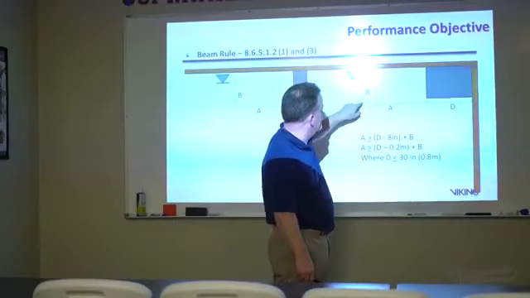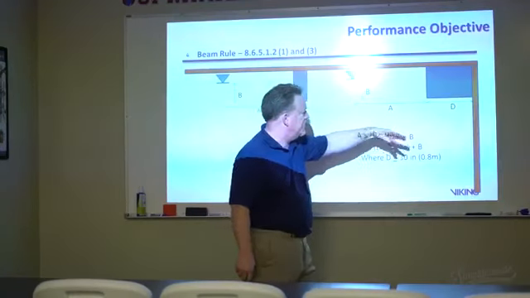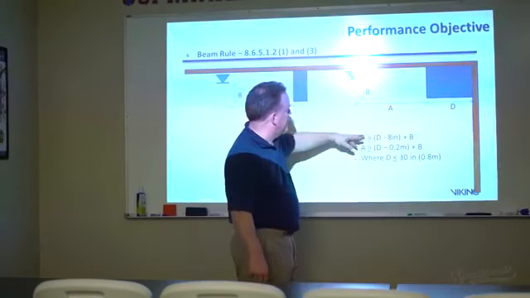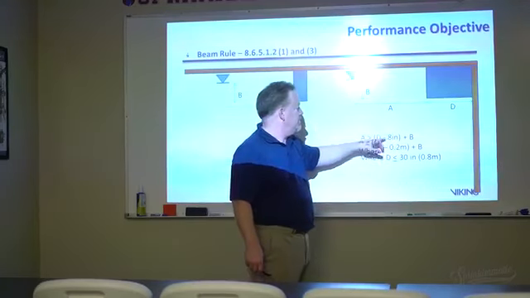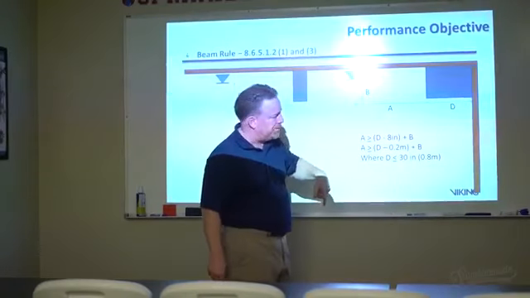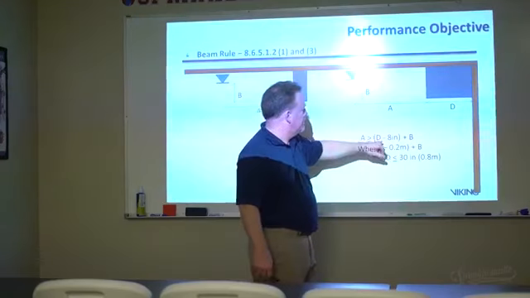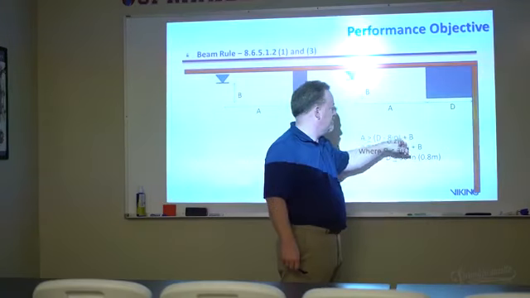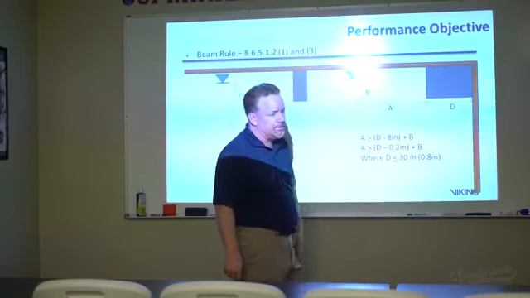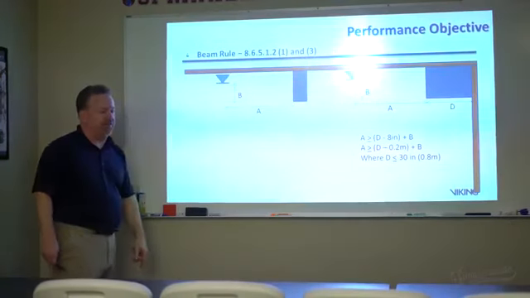If this is, say, 24 inches, and you subtract the 8, that's 24 minus 8, 16. Let's say this is 4 inches above the bottom, from here to here. So 16 plus 4 is 20. A would need to be at least 20 inches away from the soffit.